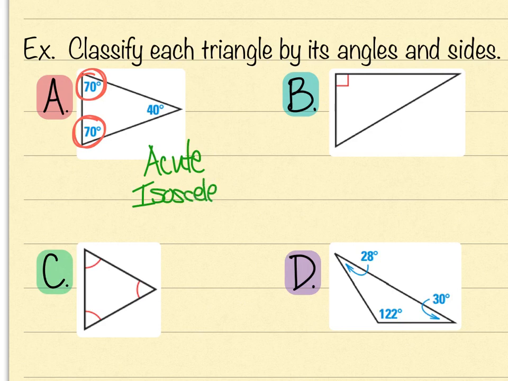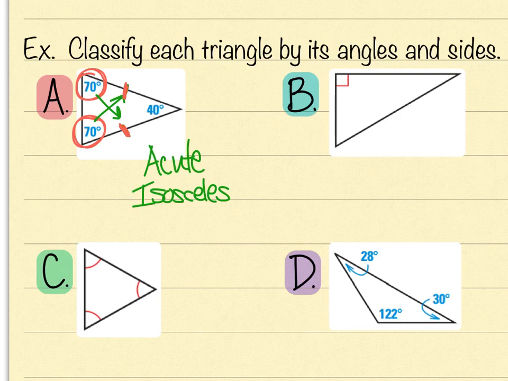So these problems are not more difficult, but they are stretching your vocabulary a little bit. These two sides right here are equal. I know that because they're across from these 70-degree angles, so they have to be the exact same. So again, that relationship says if you have two equal angles, you will have two equal sides, and so I know this has to be an isosceles triangle without even having the tick marks on the problem.